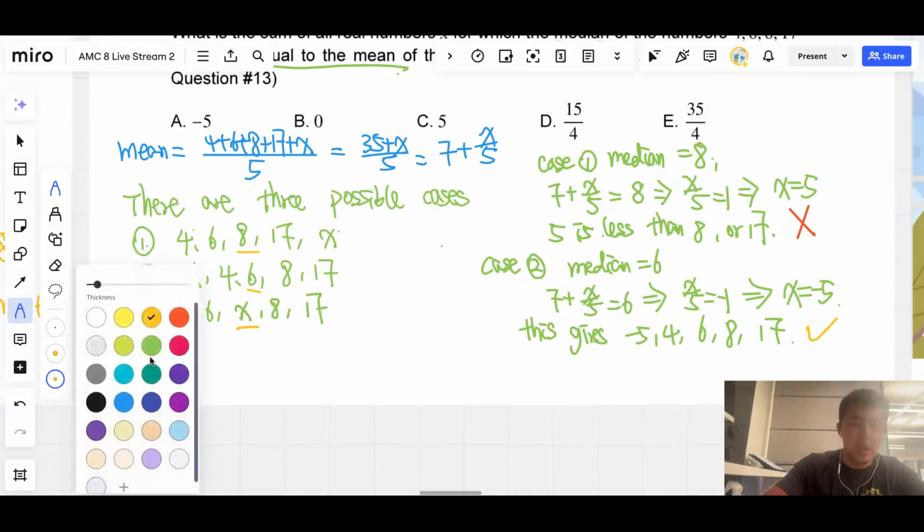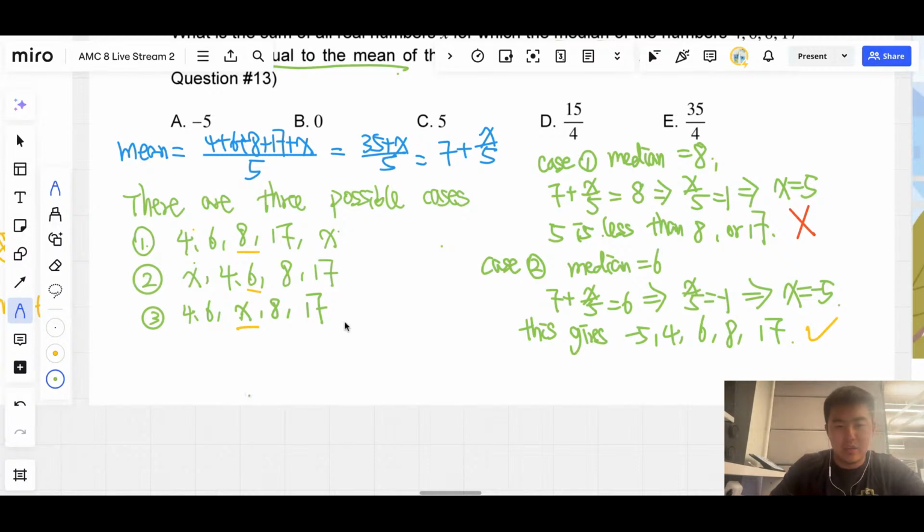Good. So how about our last case? Looks like I've run out of space, so I'll put it here. For case number 3, the median is just x. The equation now becomes (7 plus x) over 5 equals x.